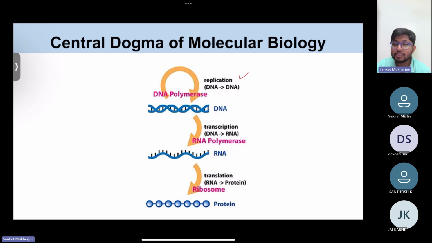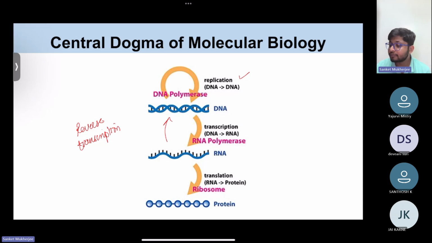But the point is DNA forms DNA through replication. This DNA forms an RNA using transcription. If it happens in the reverse order, where an RNA forms a DNA, it's called reverse transcription. Very common in various families of viruses like retroviruses, which have an RNA genome, but they form DNA as well.